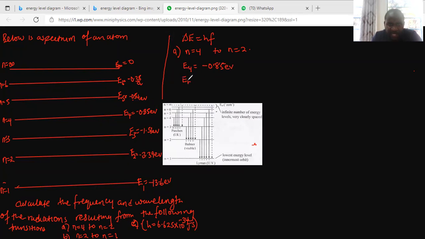Then the energy when n is 2 is negative 3.39 eV. So the change in energy will be the energy of the higher level minus the energy of the lower level, because the smaller negatives are bigger than the bigger negatives. So we shall have negative 0.85 eV minus negative 3.39 eV. What answer do you get?